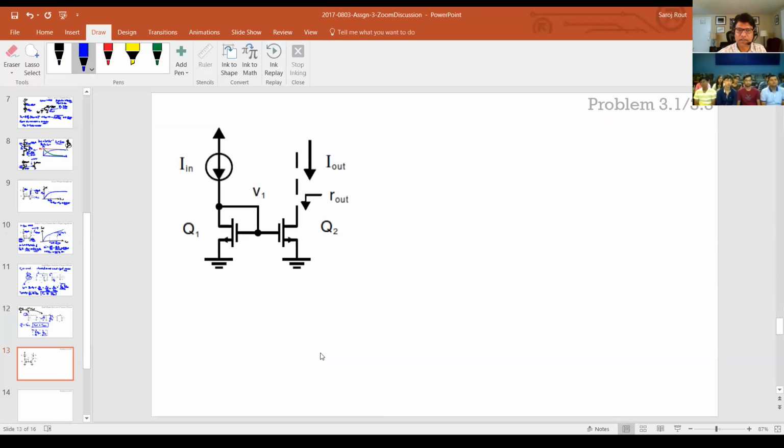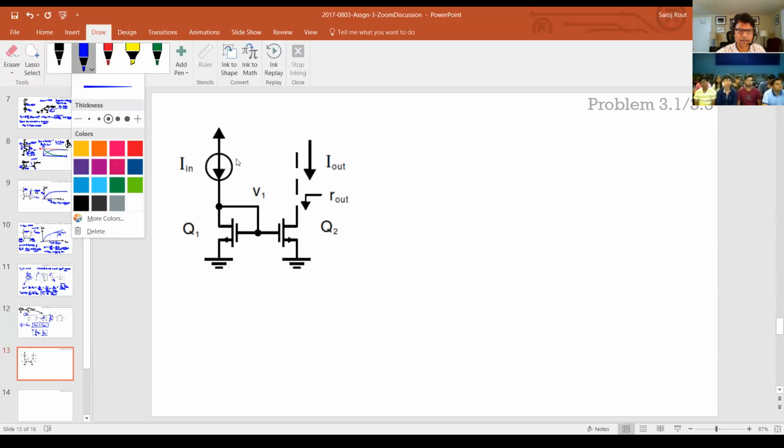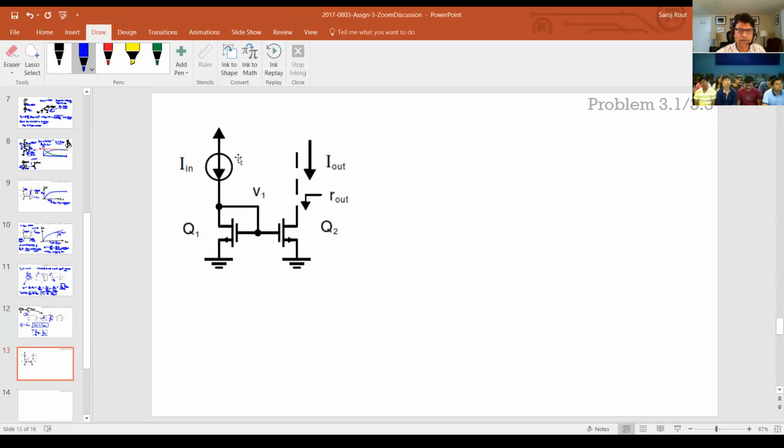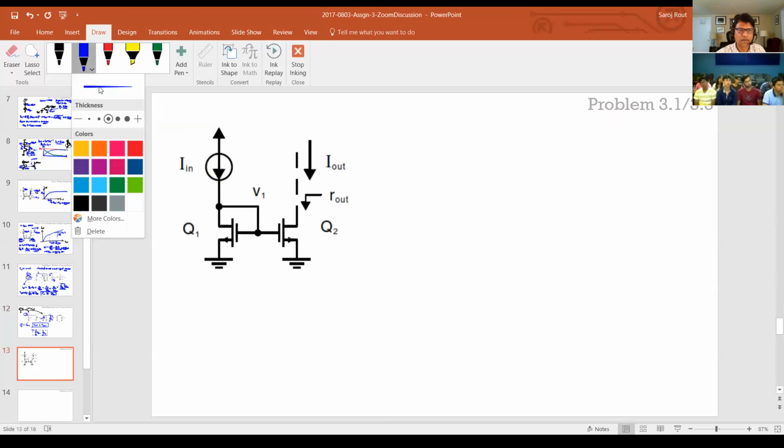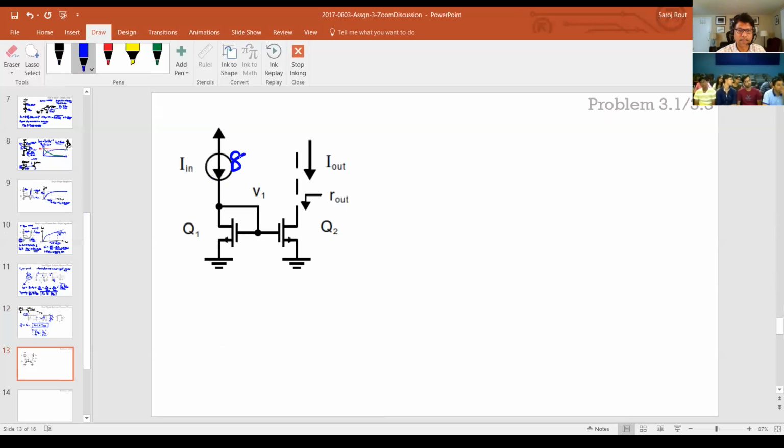I just wanted to quickly cover the problem. One of the problems I gave, I think 3.1, 3.33. I think 3.1, we've probably covered it because I've been slowly developing it. So essentially it was the problem where this current mirror was given, and this I in was 80 microamps.